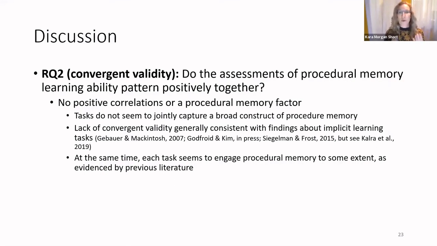For example, we will hear, or have heard, about some convergent results from Godfroid and Kim. At the same time, we don't want to interpret these results to say that these are not tasks of procedural memory. We still think there is some validity within each task, as each task seems to engage procedural memory to some extent, as evidenced by the previous literature that we mentioned.